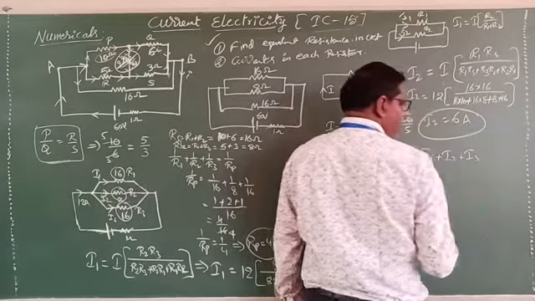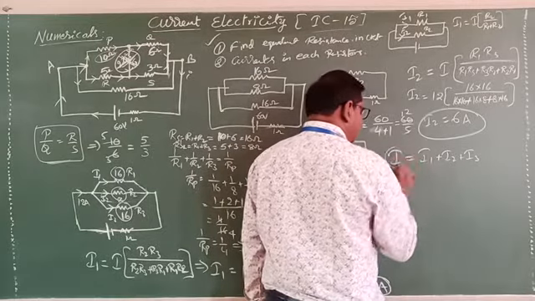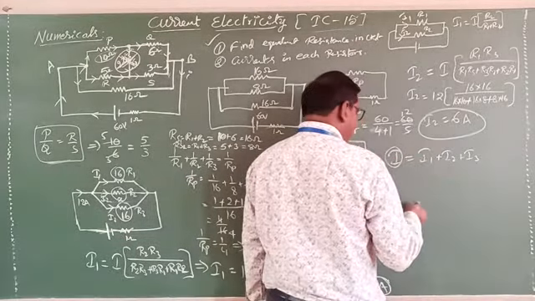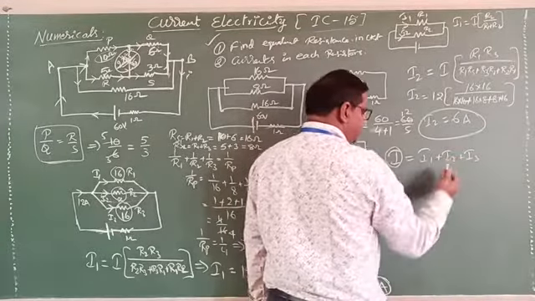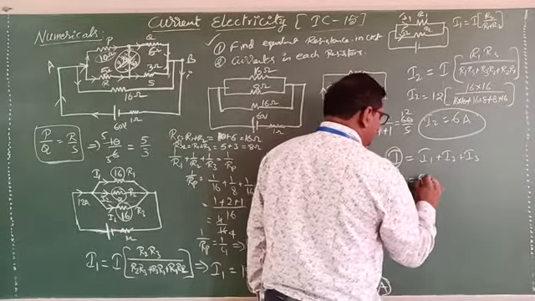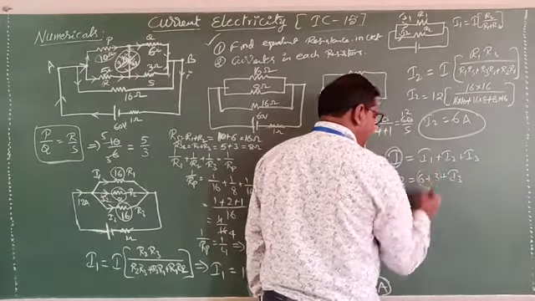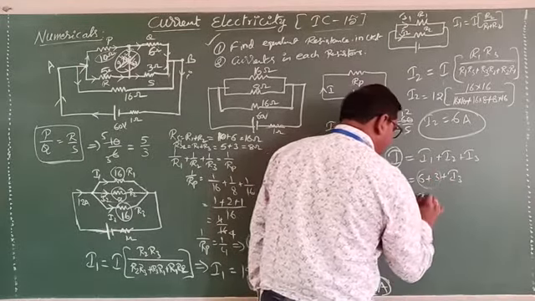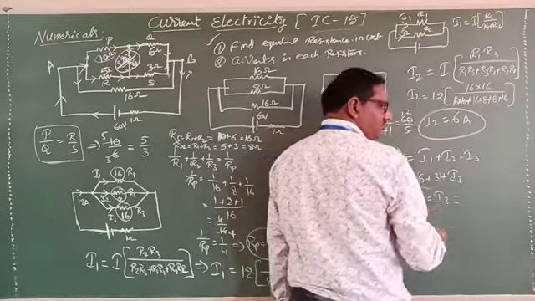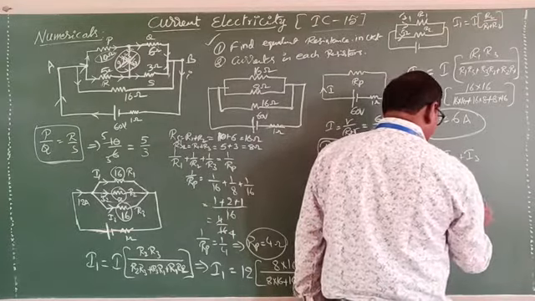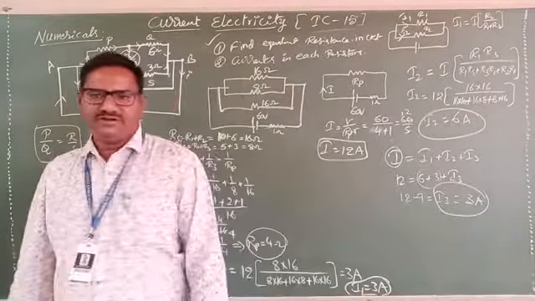Without big calculation you can measure it. The total they gave as 12 amps, I1 is 3 amps, I2 is 6 amps. So 12 equals 6 plus 3 plus I3. Now it is 9. So 12 minus 9 equals I3, which is again 3 amps. So I3 is also 3 amps.